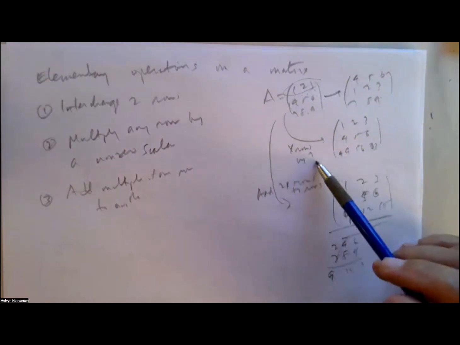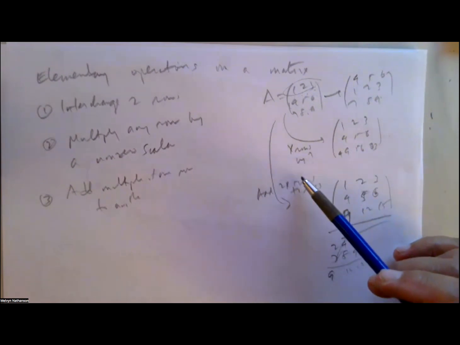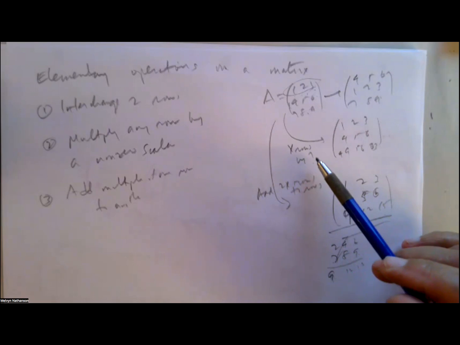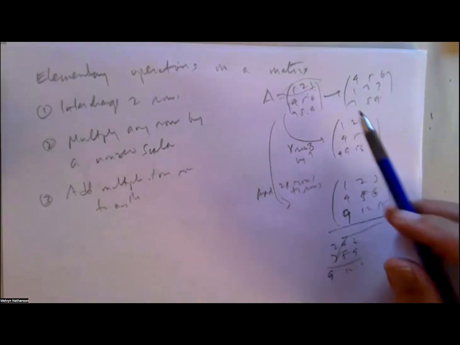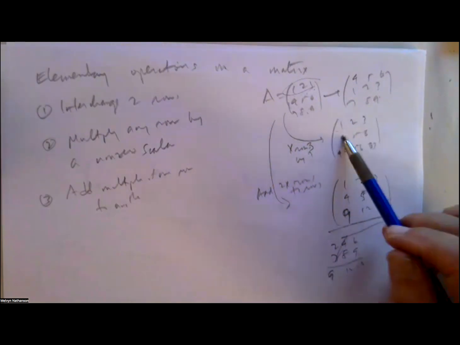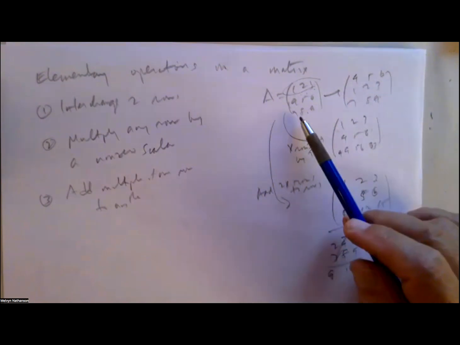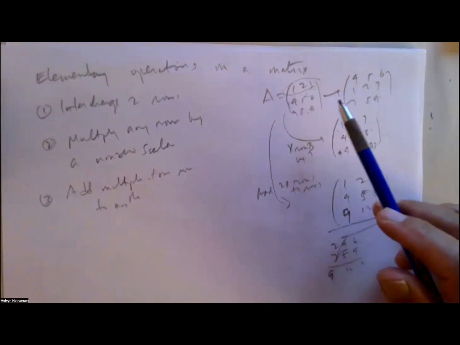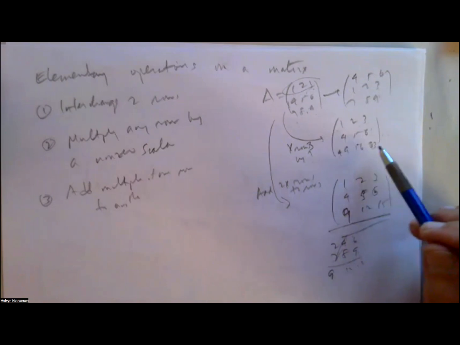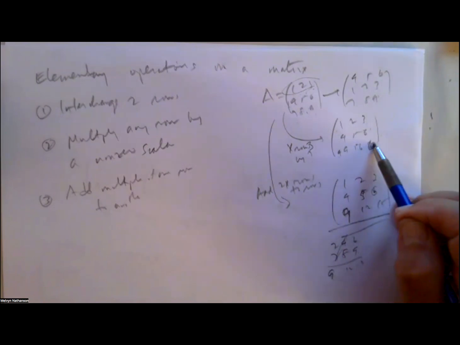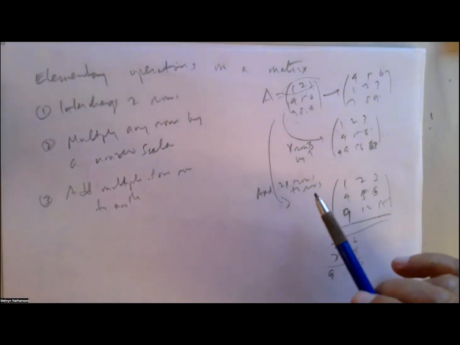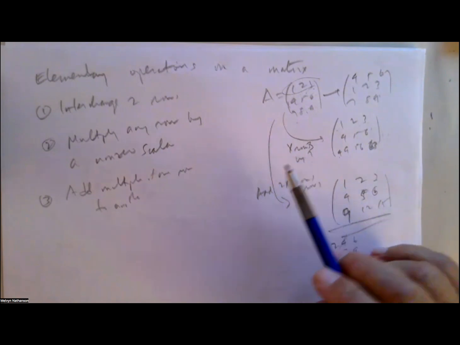So in this, I'm multiplying the third row by 7. So the first two rows, 1, 2, 3, 4, 5, 6, don't change. When I multiply 7, 8, 9 by 7, I get 49, 56, 63. I'm multiplying row 3 by 7.